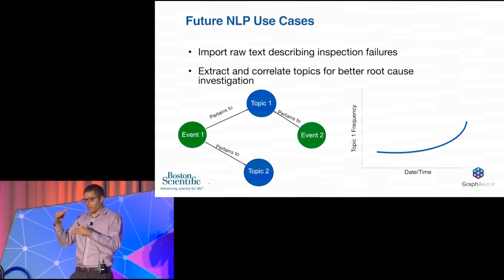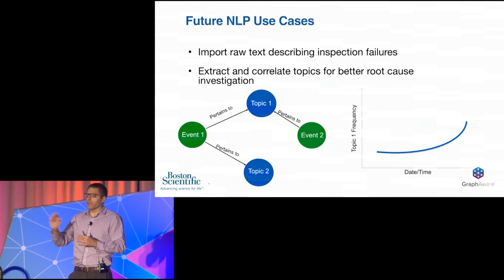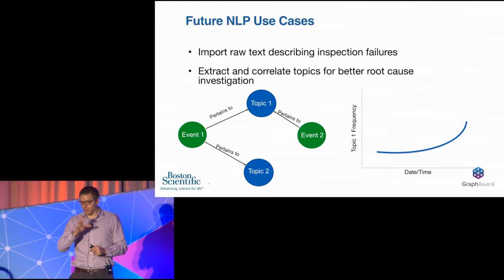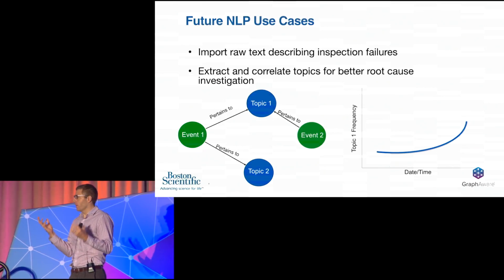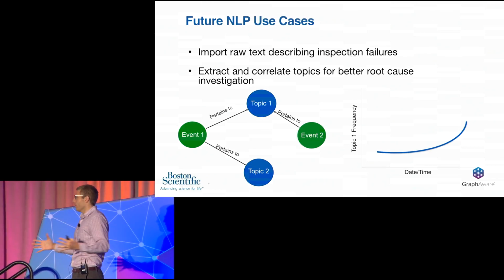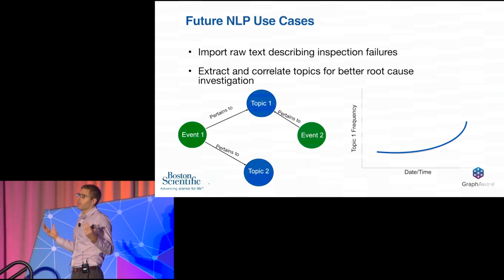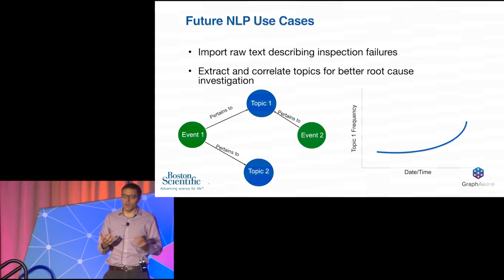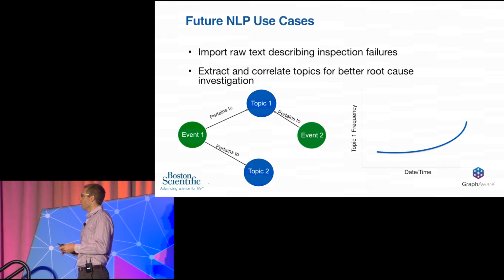On a macro level, there's some structure to that. This is what someone entered in the root cause field. But on a micro level, the text itself is by nature not as structured. So we're excited about extracting and correlating topics from that text to understand themes that are emerging about investigations rather than having to read through all of it.